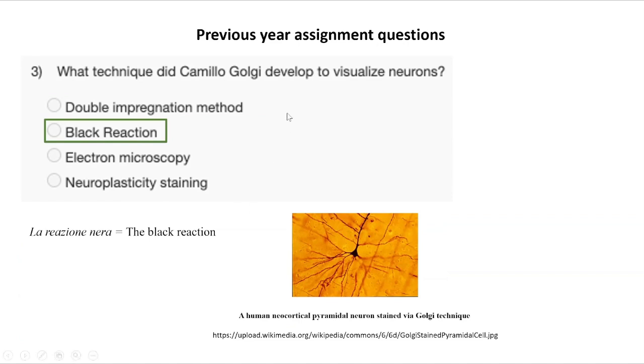So, what technique did Camillo Golgi develop to visualize neurons? Camillo Golgi developed a technique which he initially termed La Reazione Nera. I'm sorry for the incorrect pronunciation. So, basically, the black reaction. Like I said, Camillo Golgi was an Italian.